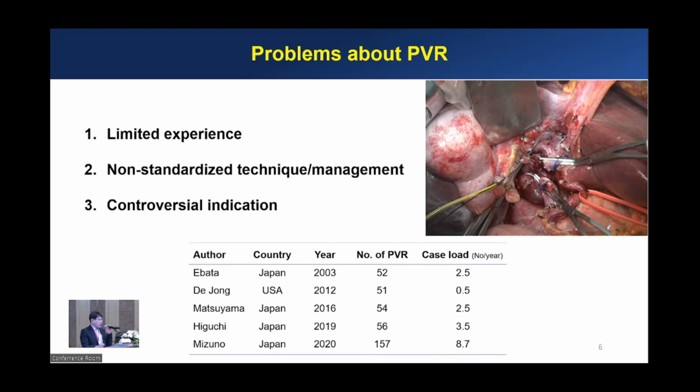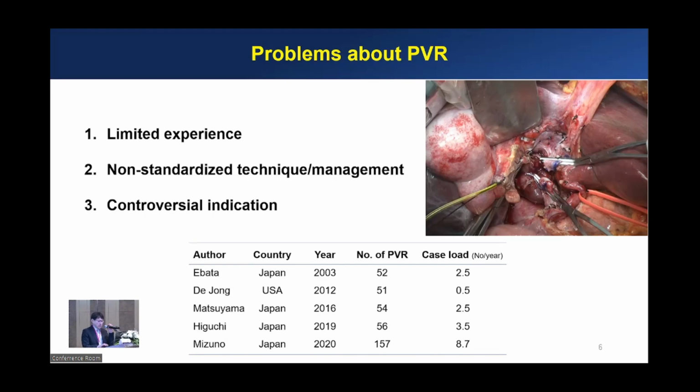For example, for indication, some surgeons perform the portal vein resection routinely, in patients without evident invasion. Now, this routine policy sounds very nice for surgeons and very attractive to surgeons in the world.